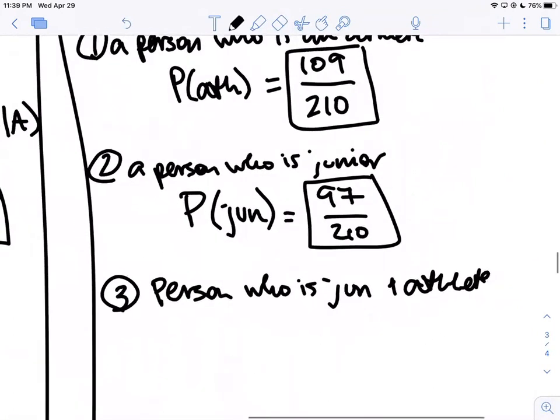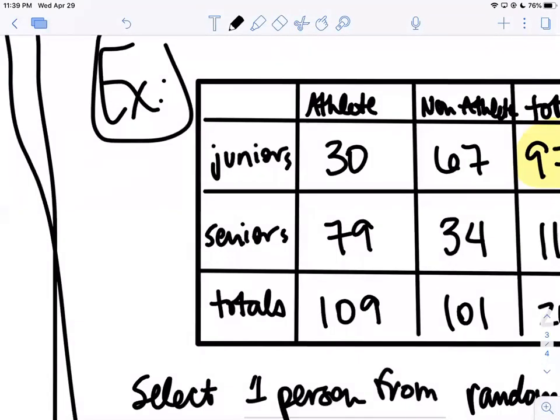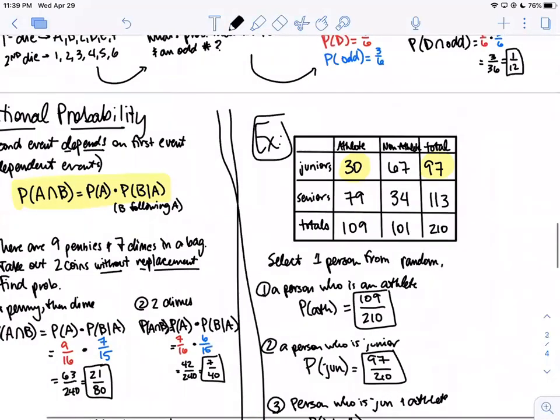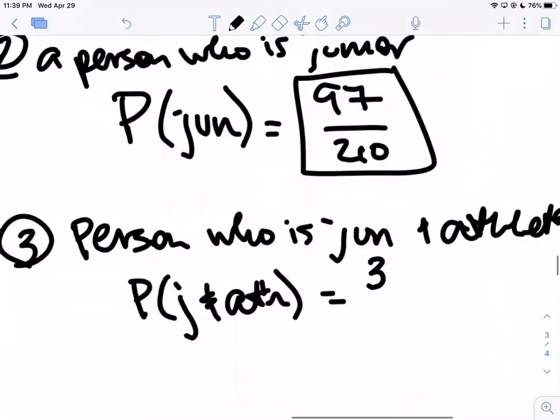We don't have to worry about multiplying or adding or doing anything crazy here because we have our table. We have all the people who are juniors and athletes right here. These guys right here. So if I'm going to choose this one, I'm going to say it's 30 out of the total 210 people that we have.